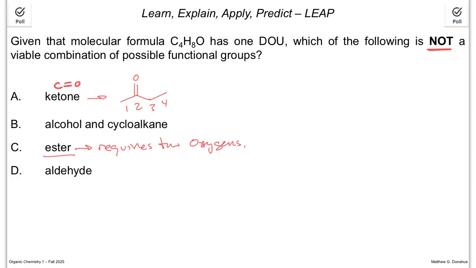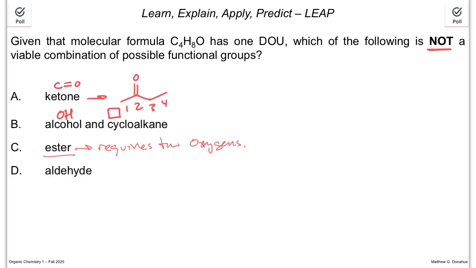So B has alcohol and cycloalkane. So alcohol has to be OH, so that takes care of the oxygen. So the degree of unsaturation is in a ring. And we'll just draw the biggest ring we can, so a 4-membered ring.